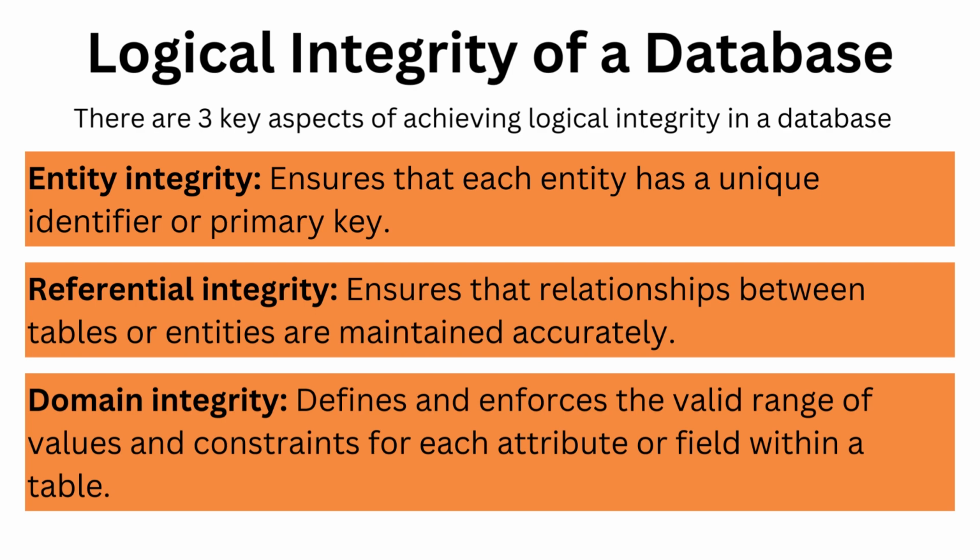Finally, domain integrity defines and enforces the valid range of values and constraints for each attribute or field within a table. It ensures that data entered into a field conforms to predefined rules such as data type, length of that data, format of that data, or allowable or unallowable values.